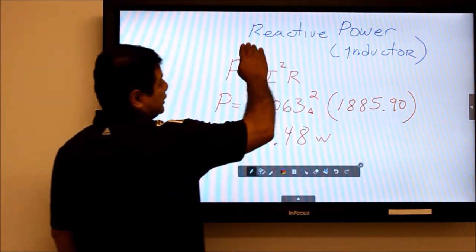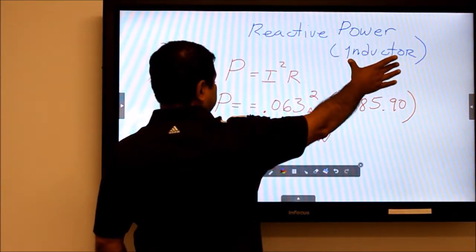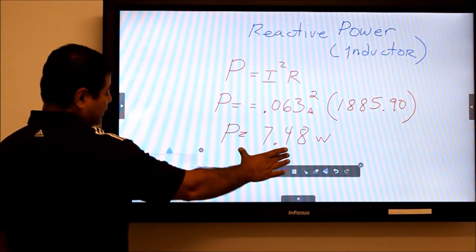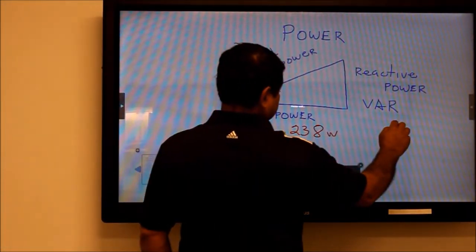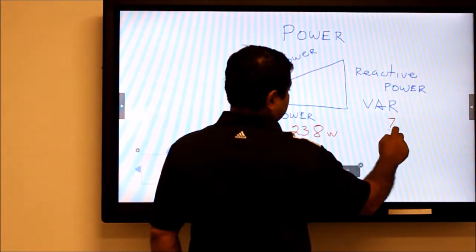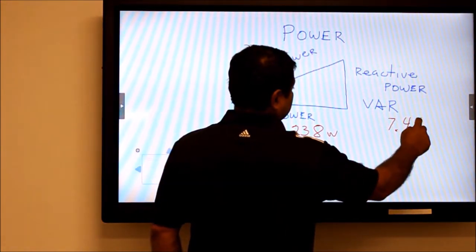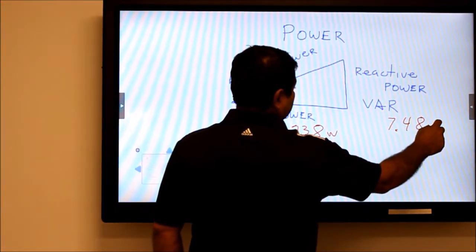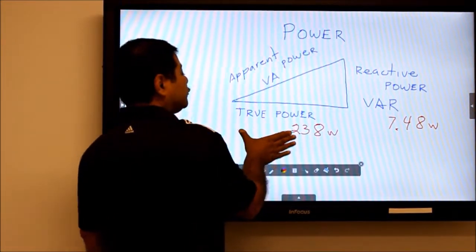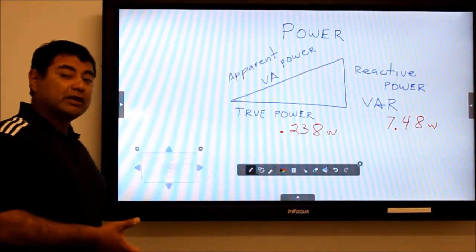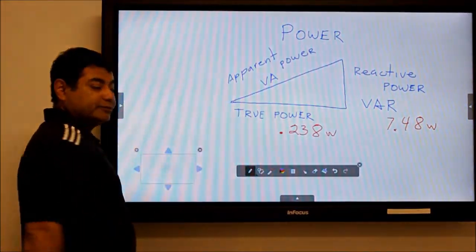So this is the reactive power that comes from the inductor. And now that I have the value, I can just replace it right here. 7.48 watts. So now I have my reactive power and I have my true power. The next thing that we're going to calculate is the apparent power.